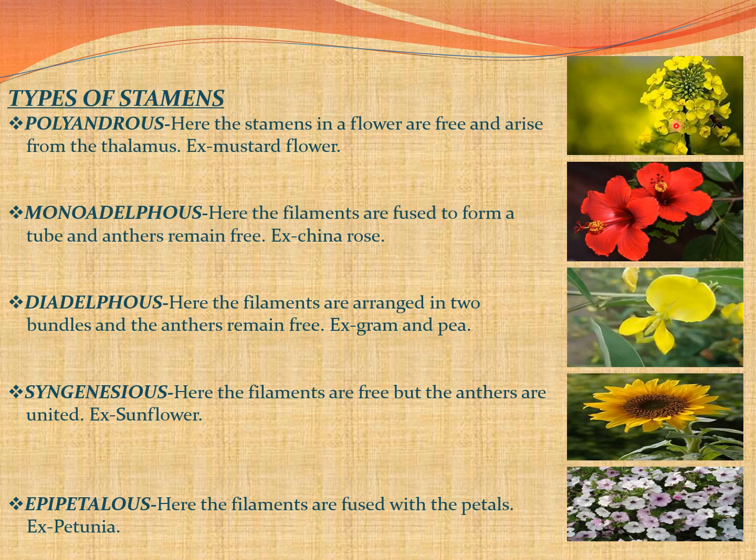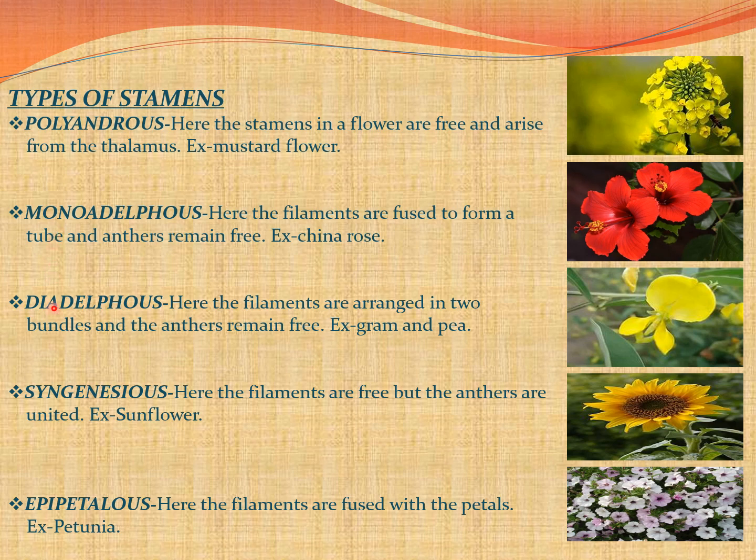It's called polyandrous. Some filaments are fused to form a tube. All the filaments form a tube, but the anthers remain free from each other. This type of arrangement is called monadelphous arrangement. China rose is an example.